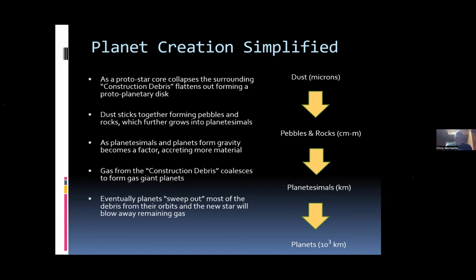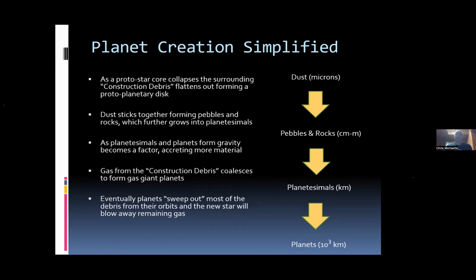As planetesimals and planets get larger and larger, gravity becomes a factor. Rather than just accreting material by virtue of spinning around in this protoplanetary disk, it's actually attracting material, using that gravitational attraction to accrete more and more material to the size of the planet in question. Beyond the frost belt, you remember this construction debris also contains gas, and this gas can coalesce and condense around dust, pebbles, rocks, probably even planetesimals to form our gas giant planets.